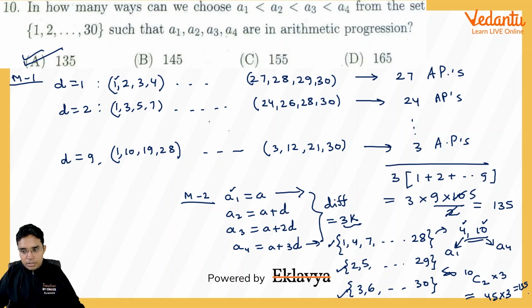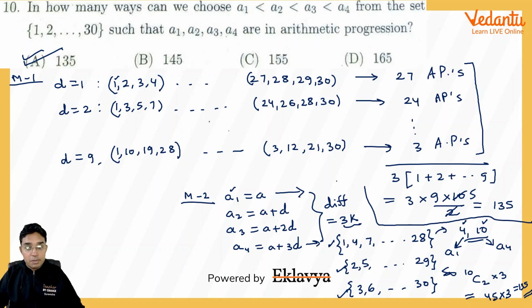So dear all, this method may not be that thinkable, or I will say it is not that easy to strike in exam pressure, but I think method 1 is something that can be done in the exam, and this pattern is very clearly visible. So here we can do this question using method 1 at least, and method 2 is also something that you should do later on, if not in the exam.